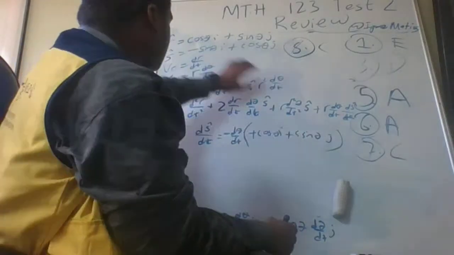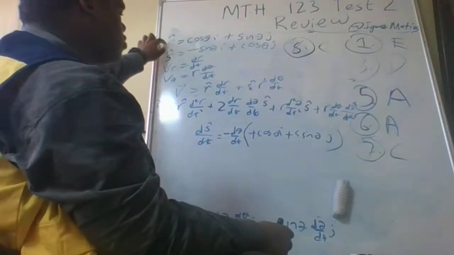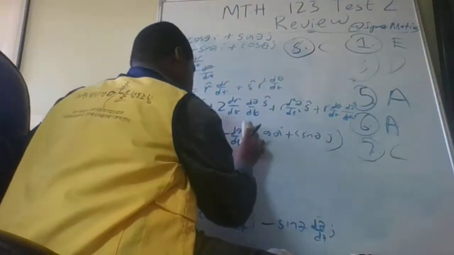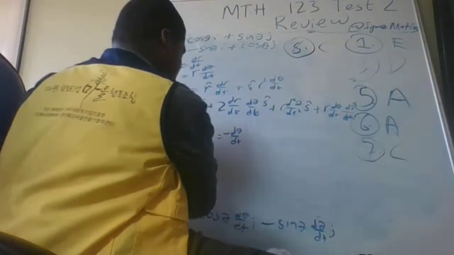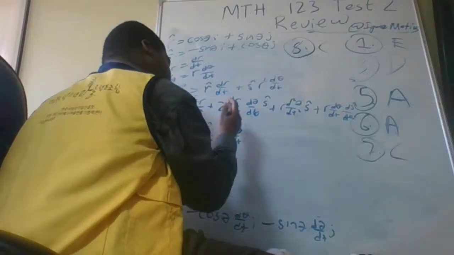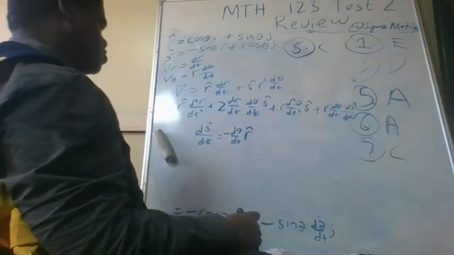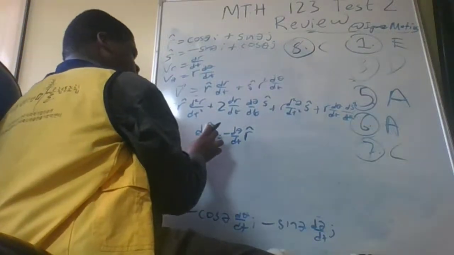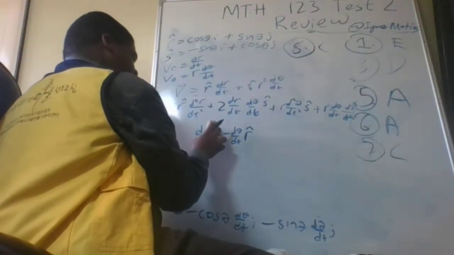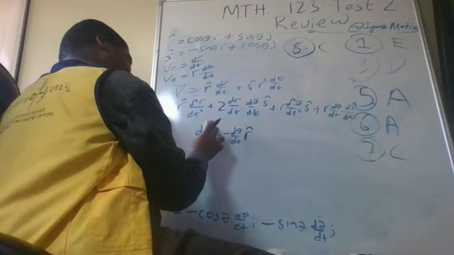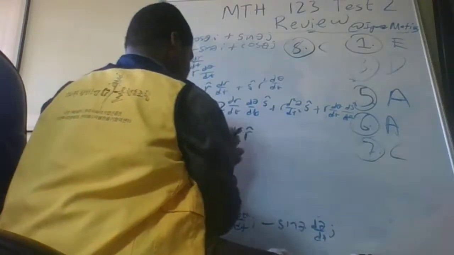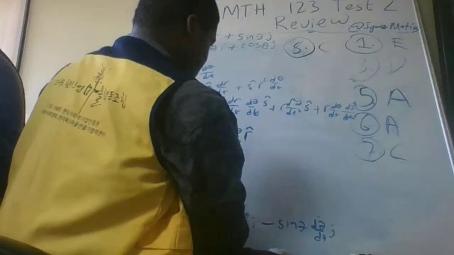And cos theta i plus sine theta j is equal to our radial unit vector. So the derivative of our transverse vector with respect to time is equal to minus dθ/dt times our radial unit vector. So you can replace the derivative of our transverse vector with respect to time here with minus dθ/dt times our radial unit vector.